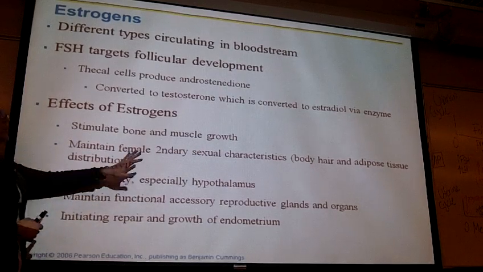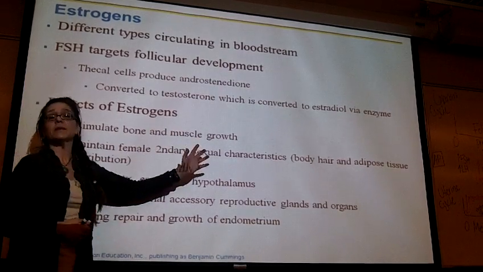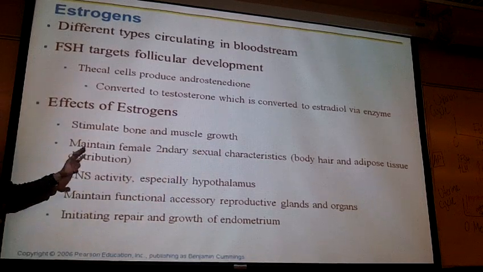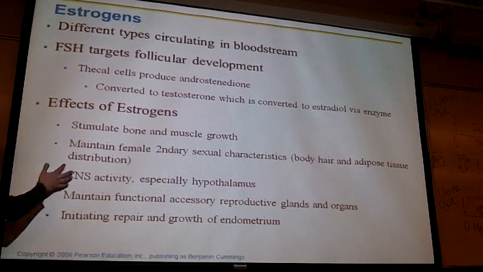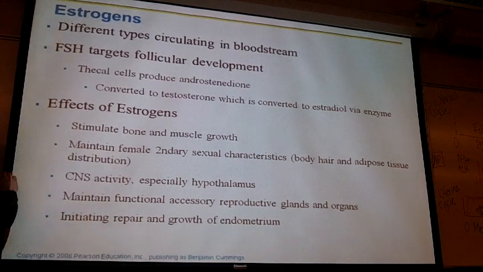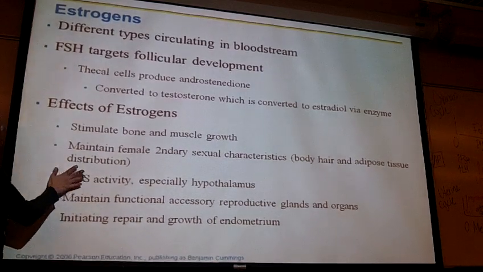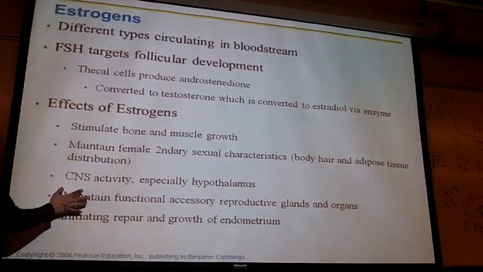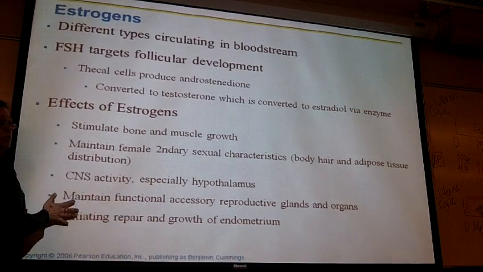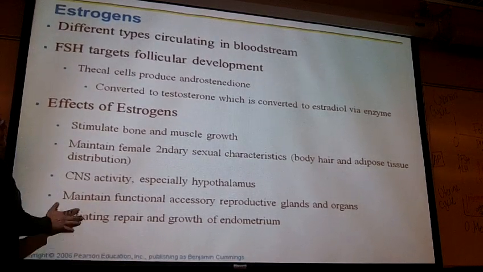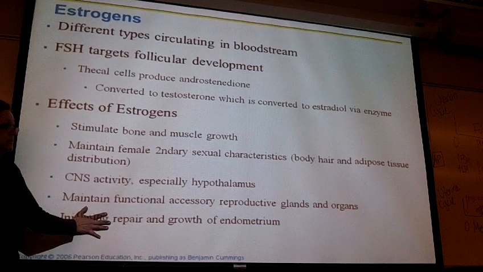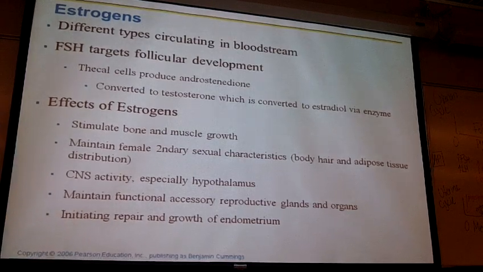It's also going to help with muscle growth, not nearly like testosterone does, but it does play a role. Obviously, it's going to be involved in female sexual characteristics and central nervous system activity. It's going to maintain reproductive glands and organs, and obviously affect the uterus, the endometrium.